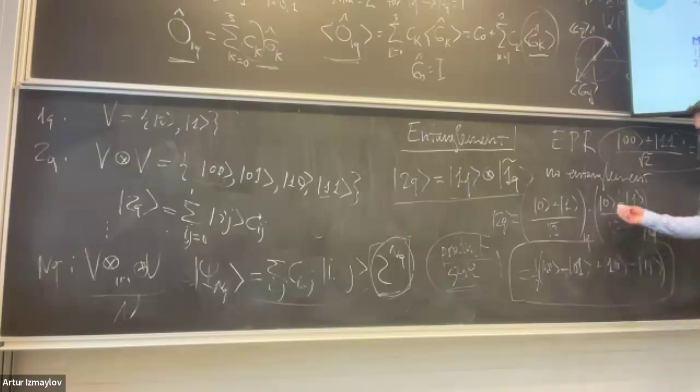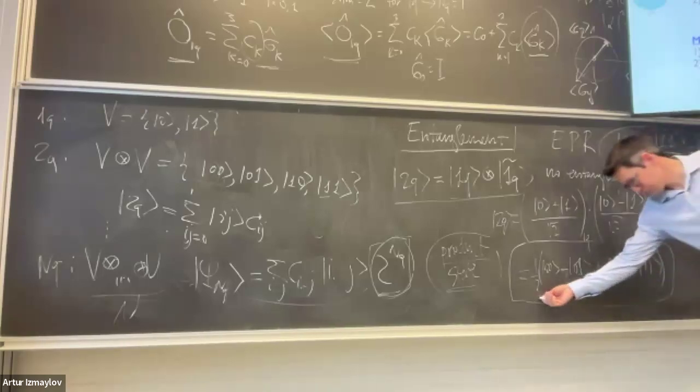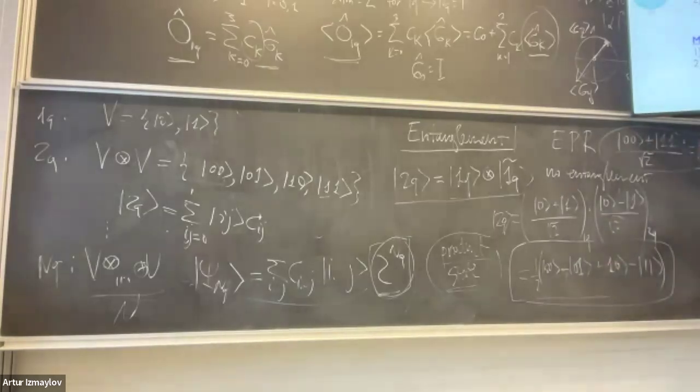There is a way to make a linear combination of single qubit states and write it as a product. And when you work with multiple qubits, there is always this question: if someone gives you a linear combination of products, how do we know that it's not a single product?